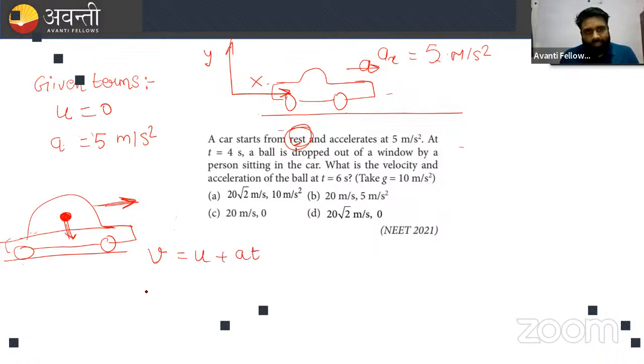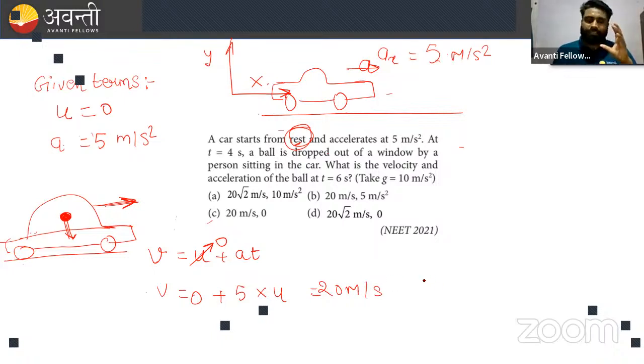What is the velocity at 4 seconds? Here the car is accelerating from rest, so u is 0. So 0 plus, what is the acceleration value? It is 5. And what is the time given to us? It is 4. So it is 20 meter per second. This is the velocity of the car as well as the ball itself.